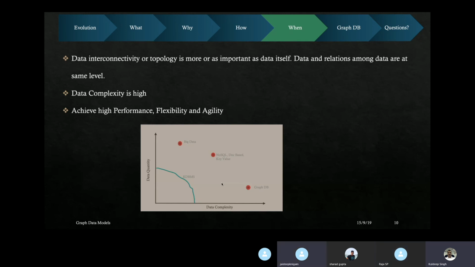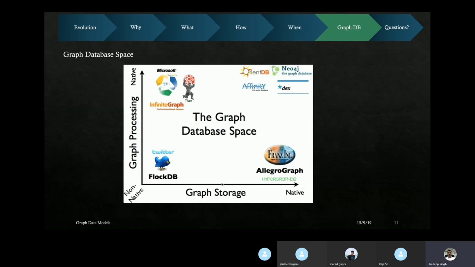Okay. So after this, let's look at this graph database space. Here, non-native means, so there are two things, right? Graph storage and graph processing. Graph storage non-native means they don't store in a graphical way.